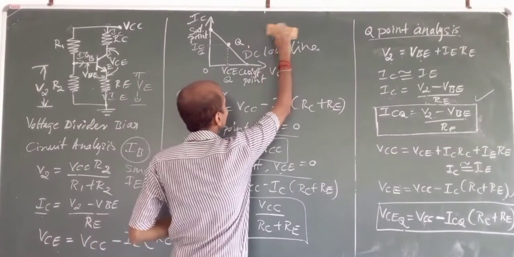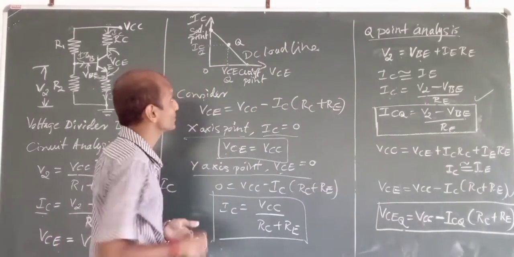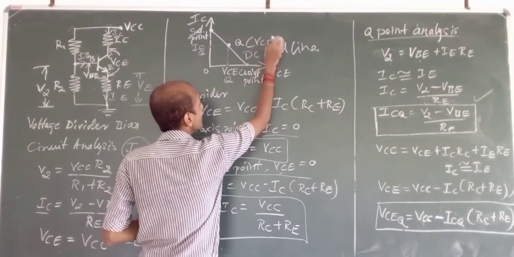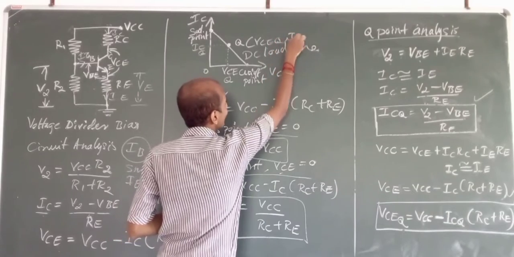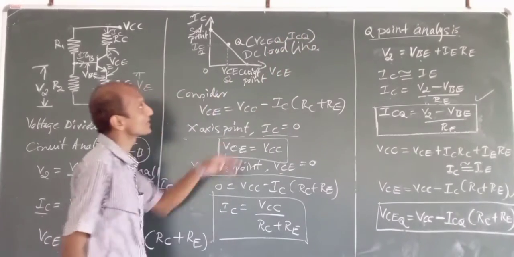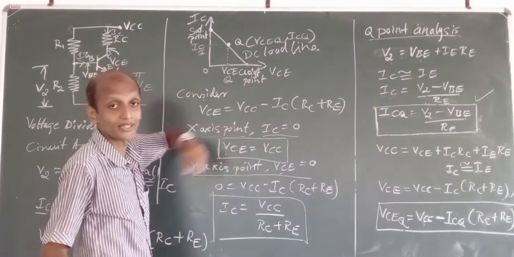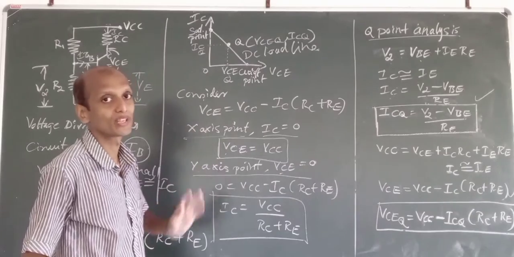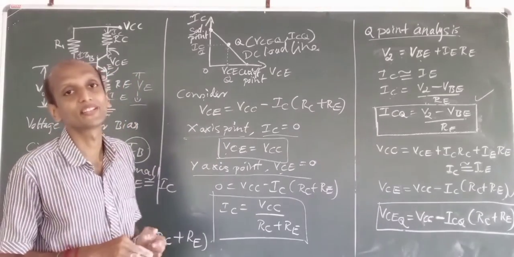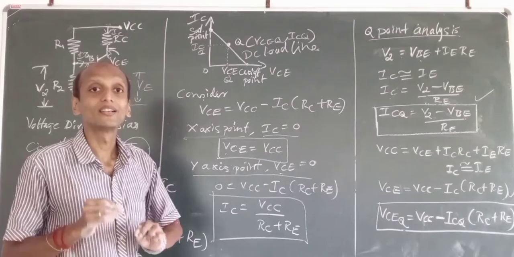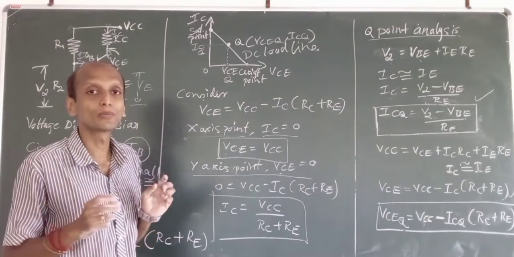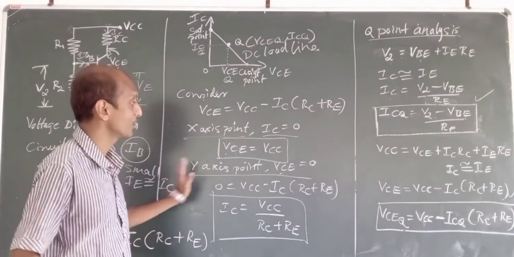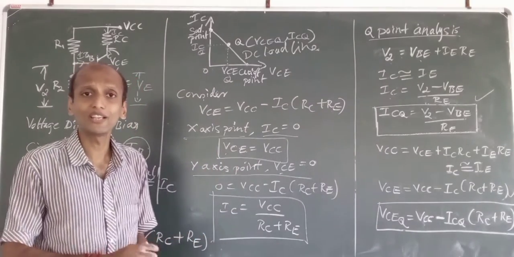Here I can write the coordinates of the Q point as VCEQ, ICQ. That is called the Q point or quiescent point, and we can also call it the operating point. It is very important and has to be understood by each and everyone. These analyses and equations are all very important.